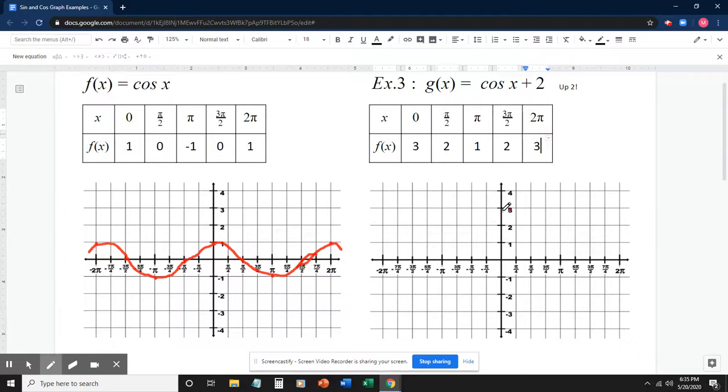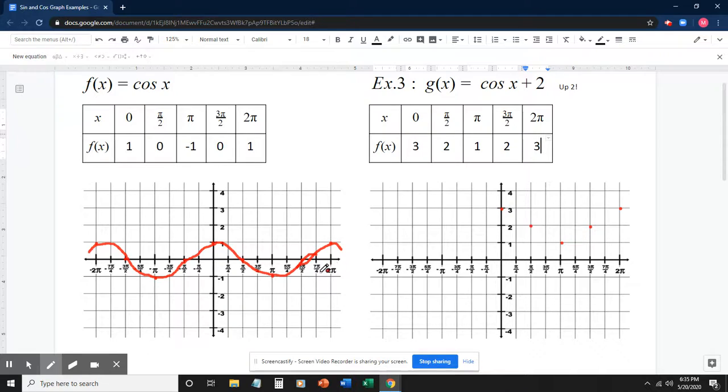Okay, and so then I just sketch. So we got 0, 3, pi over 2, 2, pi, 1, 3 pi over 2, 2, 2 pi, 3. So you get that same V shape, just shifted up 2 places. Carry that pattern backwards, so it's at the peak, because right here is the middle of the graph now. Before, the middle of the graph was at 0.